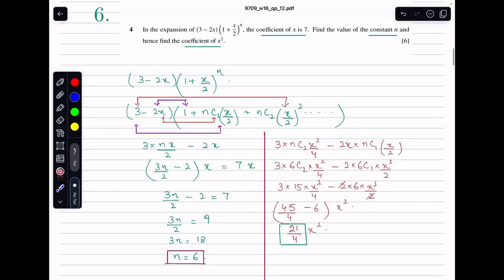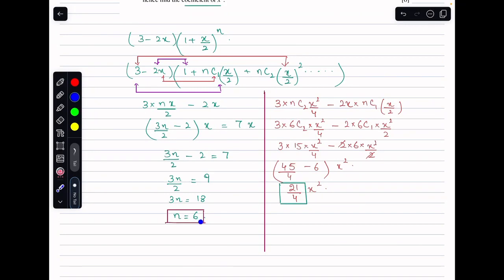The n value we found out in the previous part was equal to 6. Therefore, substituting n by 6, it's 3 times 6C2 into x squared by 4 minus 2 times 6C1 into x squared by 2 here. The 2 gets simplified. Therefore, this becomes 3 times 6C2 which is 15, into x squared by 4 minus 6x squared, or 3 times 15 is 45 by 4 minus 6.